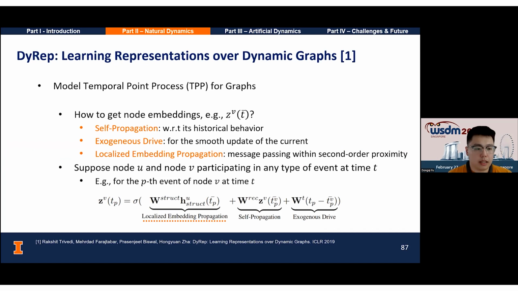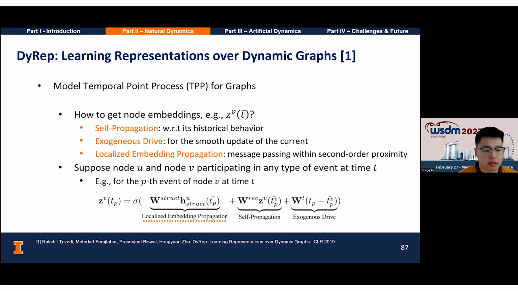So to obtain the node embeddings like EV T bar, in this work, the authors design three techniques. The first is called self-propagation, which is used to consider the historical behavior of a node, and an exogenous drive, which is designed for the smooth update for the current event.